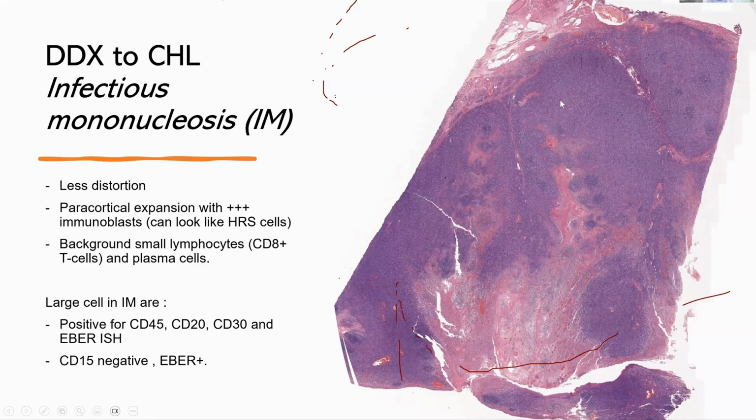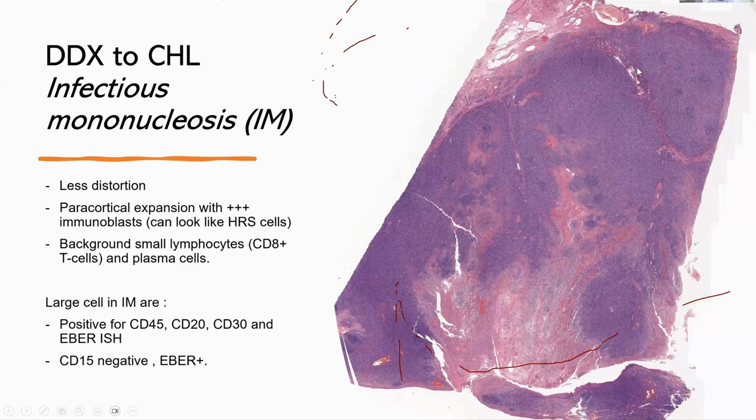However, on the histological level, it can mimic Hodgkin lymphoma, and if you're not aware of it, if you don't think of it, you will easily miss it. Usually the tonsil is a very common location, with an enlarged tonsil in a young patient, usually male.